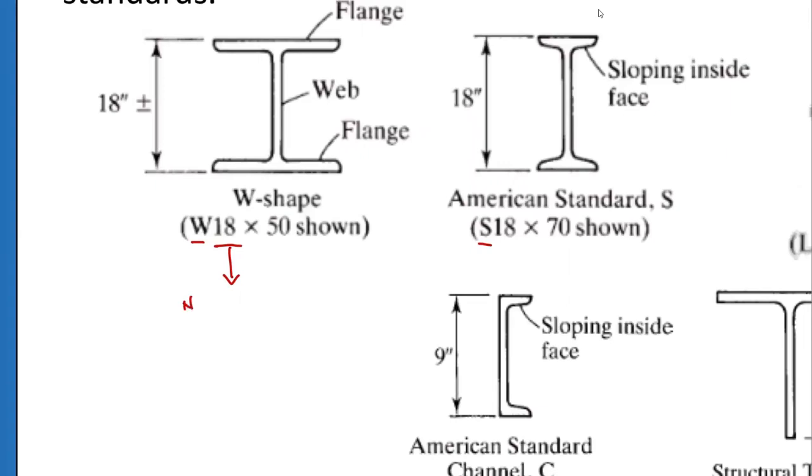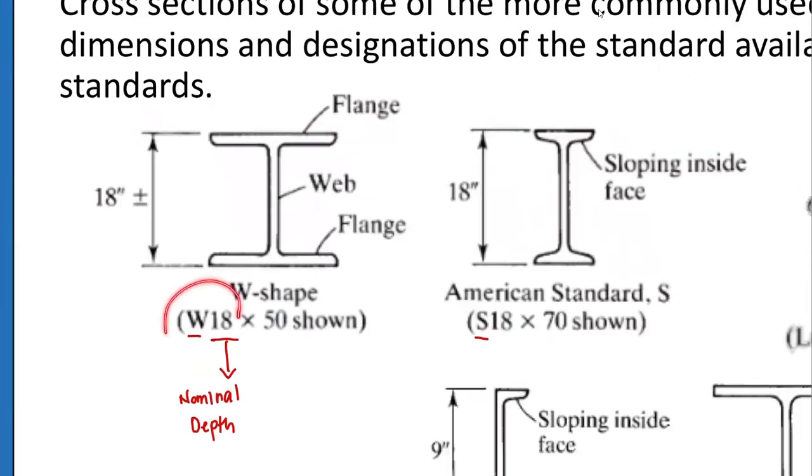Okay, but more the right term is nominal depth. Okay, so as you can see here, we have a W18 by 50. So as shown here, we have a height of at least 18 inches. So we dub it as nominal depth because not every shape will have an exact value of 18 inches.